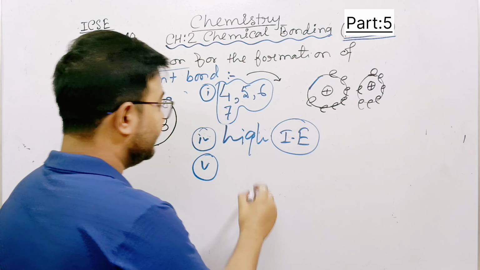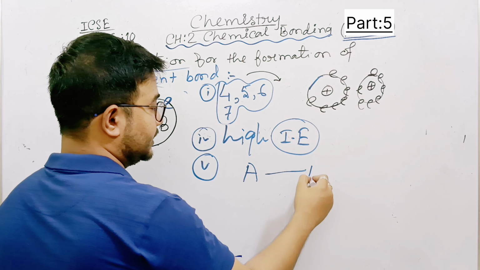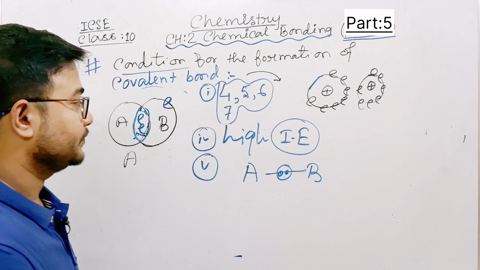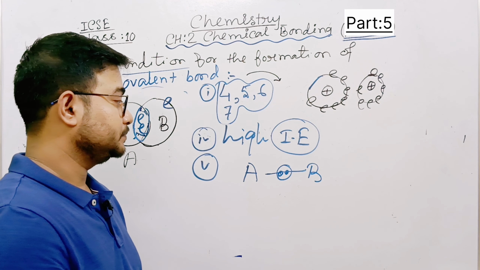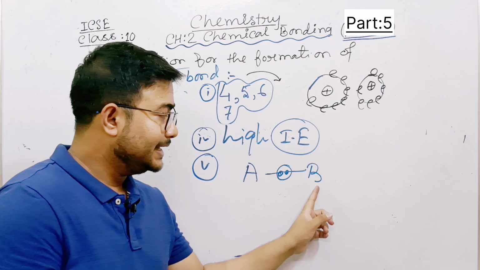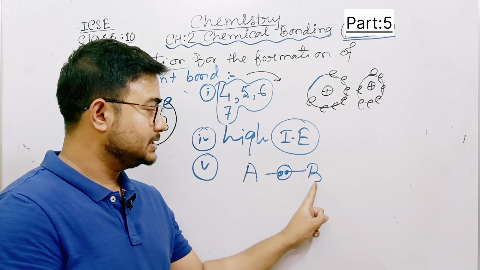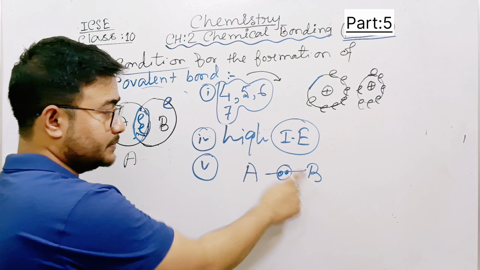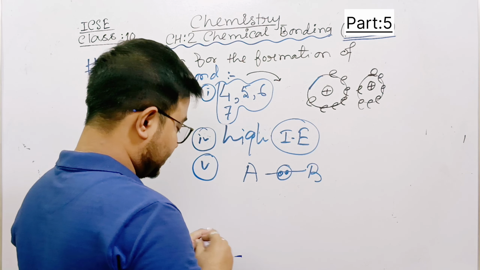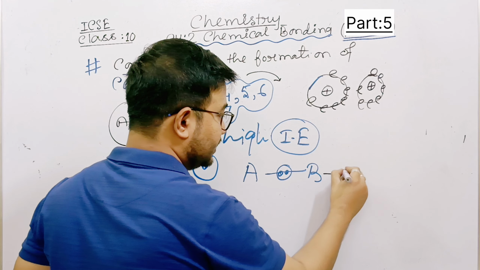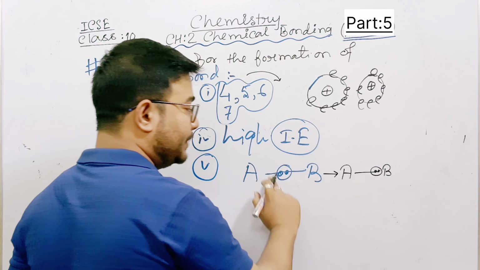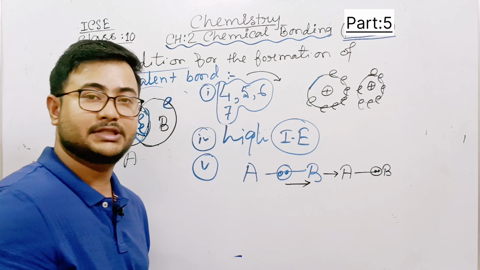But suppose two atoms are there, with the electron present in the middle of the bond. Now suppose the electronegativity of these atoms is such that, look at the board, atom B tries to pull this electron towards itself.